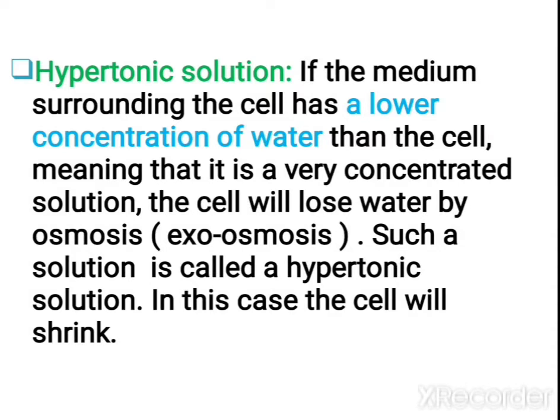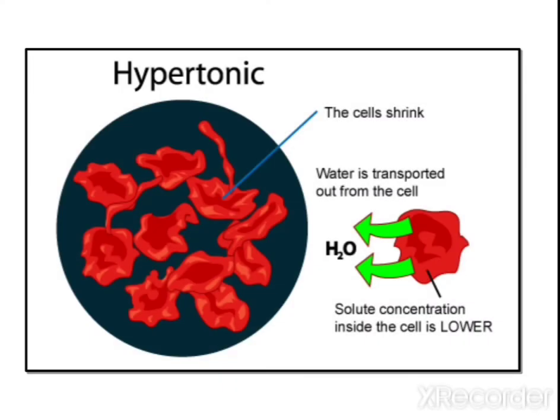Next is hypertonic solution. If the medium surrounding the cell has a lower concentration of water than the cell, then you call that a hypertonic solution. Here the water will come out of the cell, which is called exosmosis. Exo means outside. In this case the cell will shrink.